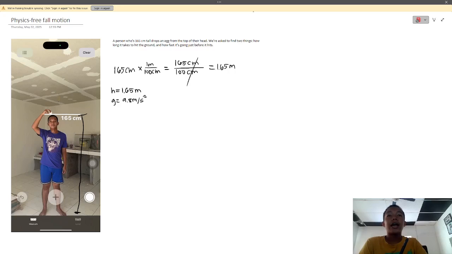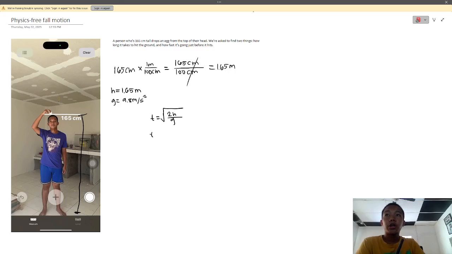To find the time, we are going to use this formula: t equals the square root of 2h over g.